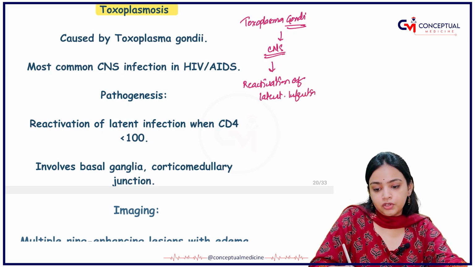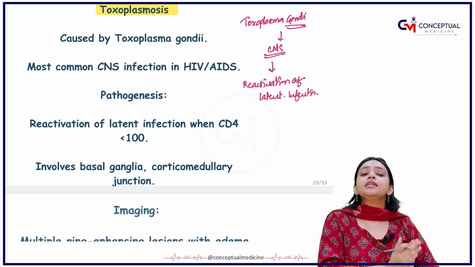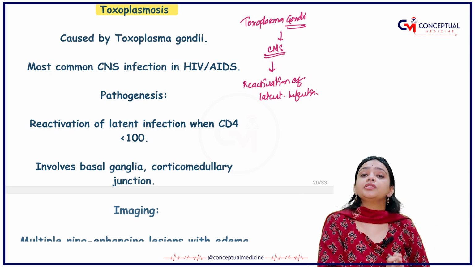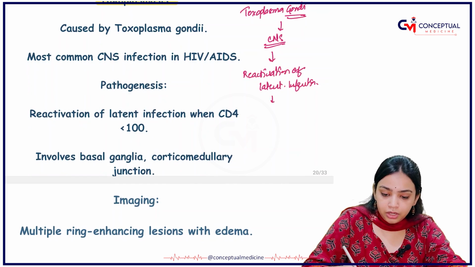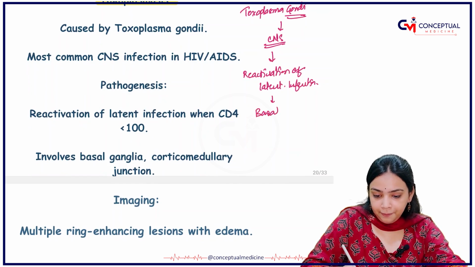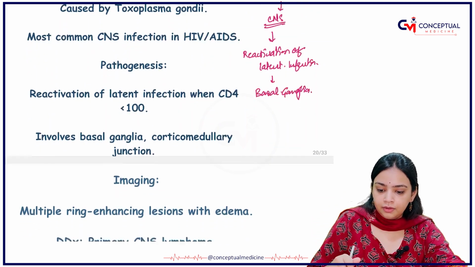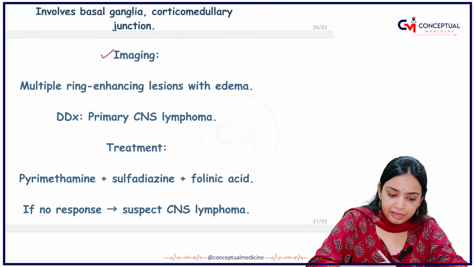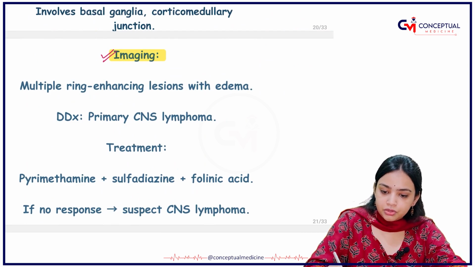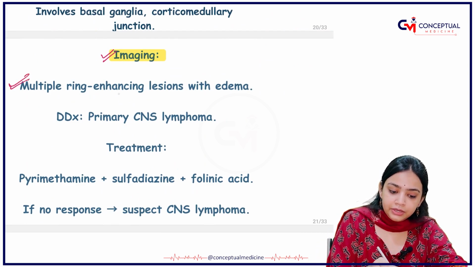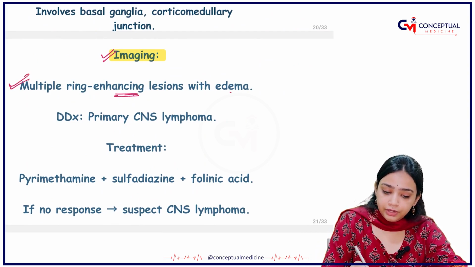What is latent infection? The infection has occurred earlier in your body as well. Okay. This involves basically your basal ganglia. In the imaging, what you will be able to see is multiple ring enhancing lesions with edema.